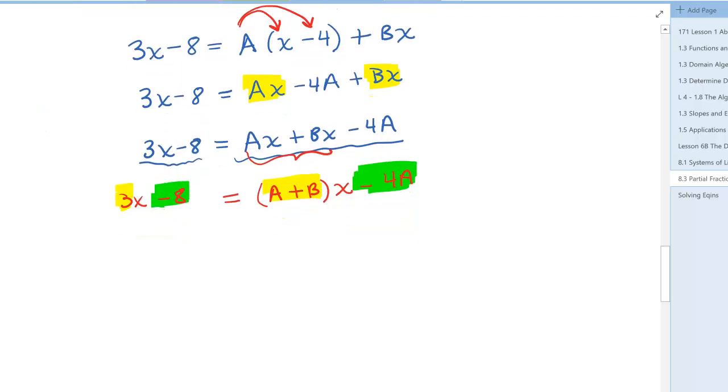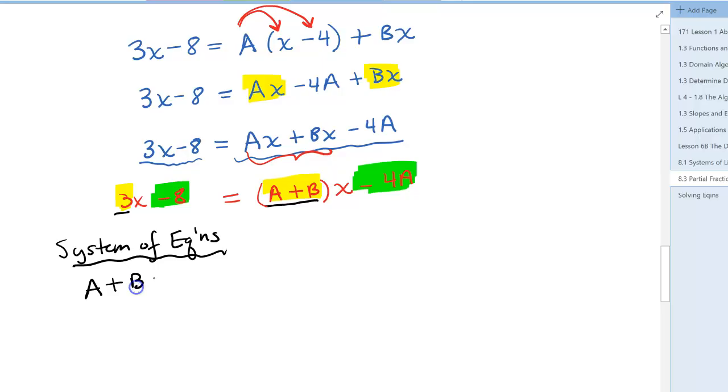So now I can set up a system of equations. So I'm going to have a plus b has got to equal 3. And negative 4a has got to equal negative 8.